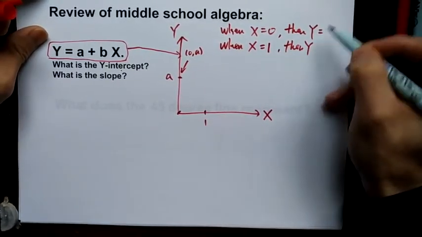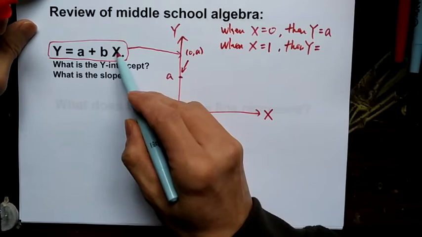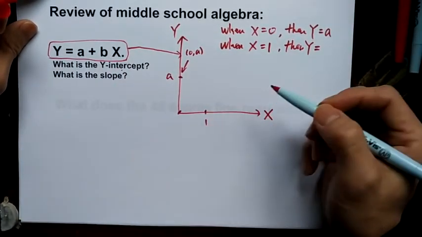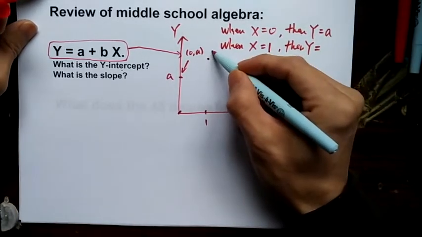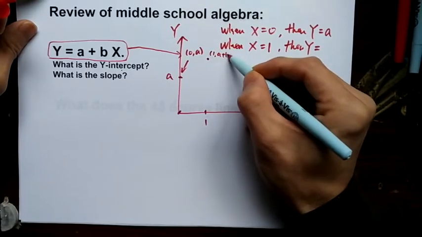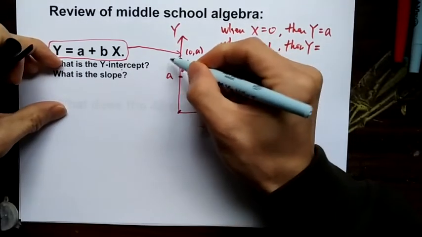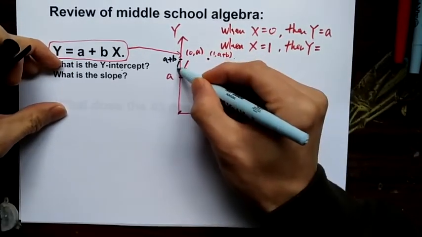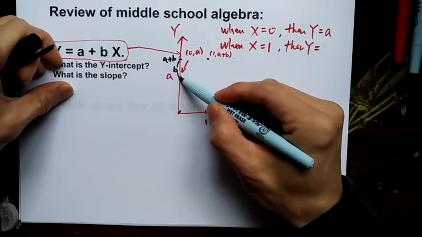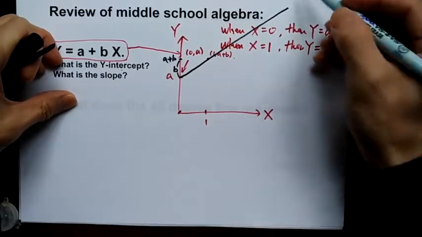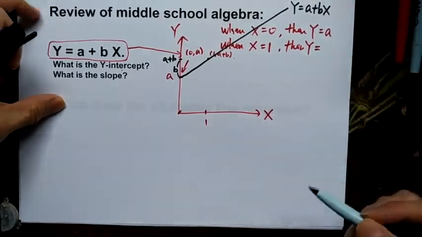Then y is equal to what? When x is equal to 1, y is equal to a plus b. So you got a second dot, which is 1, a plus b. So you have here a plus b, that is, this is b. Then you have two dots, you can get the line. And the function of this line is y equal to a plus bx.